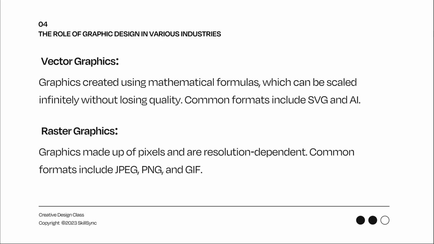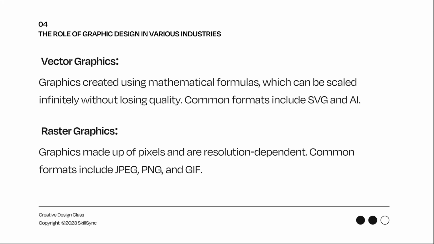All right. Now we talk about vector graphics and raster graphics. The main difference between vector graphics and raster graphics is the quality. With raster graphics, if I increase the size, it reduces in quality.